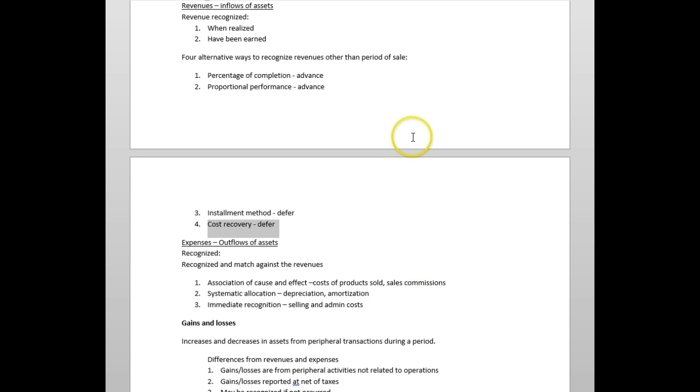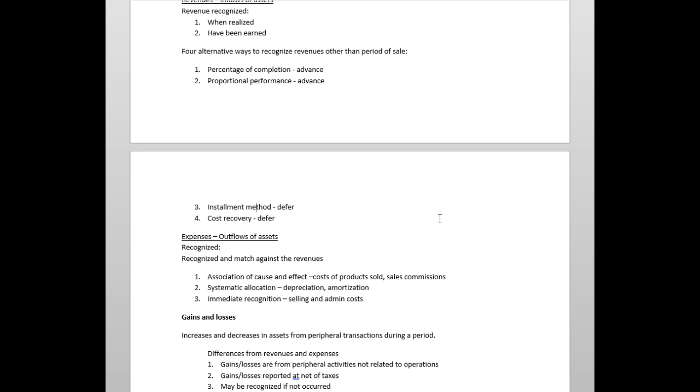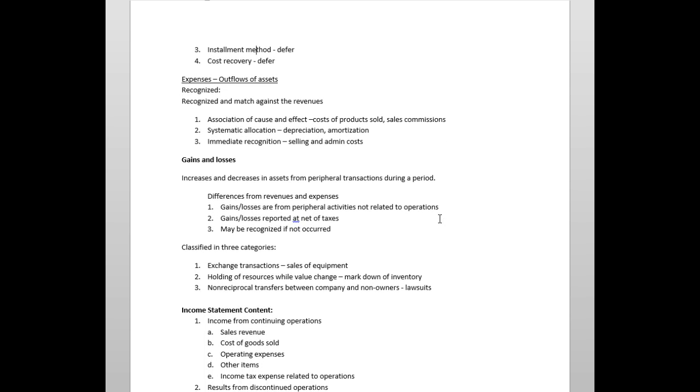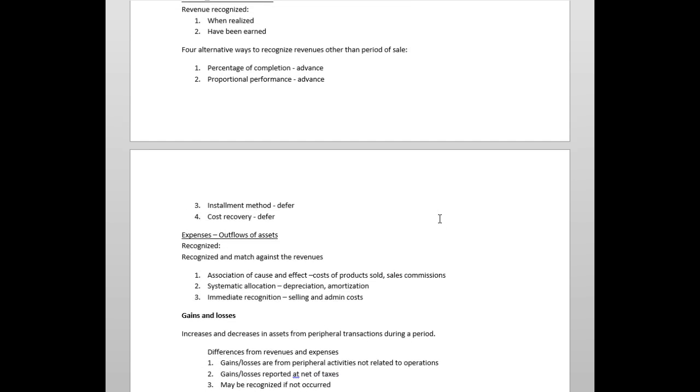You have the installment method, which defers income, and the cost recovery, which also defers. We're basically just going to look at the period of sale. I don't think we touch on any of these. Probably in a future chapter we will look at the percentage of completion and proportion. And I believe also the installment method. So those are our revenues and how we look at them.